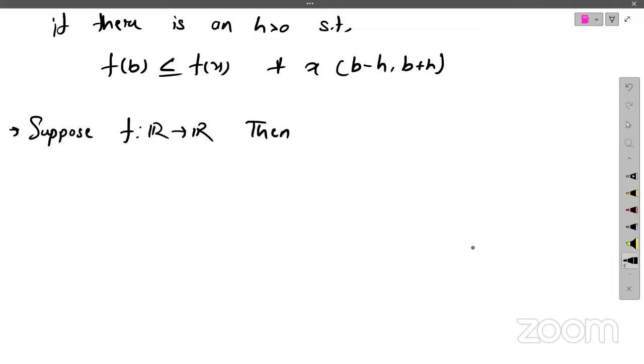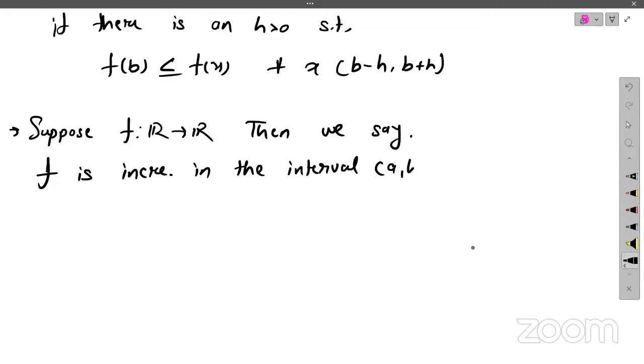Then we say this function f is increasing in the open interval (a, b) if you choose any points between a and b.